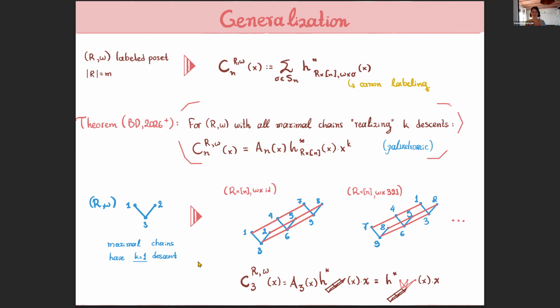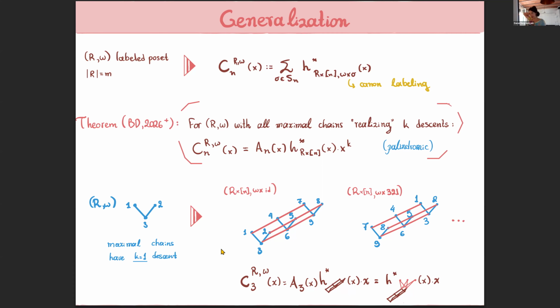Great. So one last generalization of this theorem. Before, we allowed labelings for the vertical chain, but in fact, we can also let it be any other poset R. If I allow it to be any poset R, I can again define the Canon labeling in the same way and the Canon polynomial to be the descent polynomial when I think of products of polytopes, like in the example below.